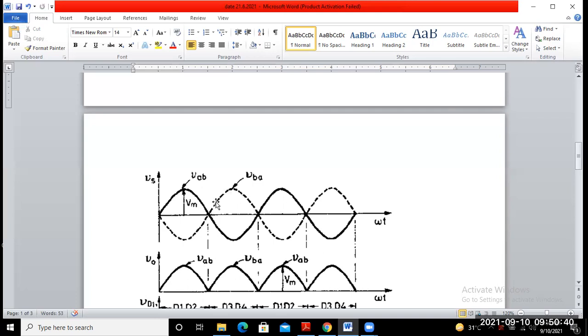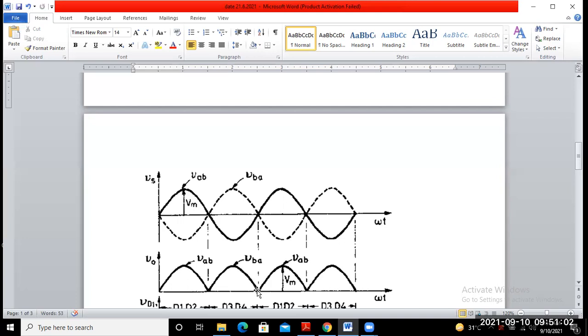So VBA you will obtain from pi to 2 pi. You draw the same as this dotted line voltage, VBA, from pi to 2 pi. So you will get the output voltage from pi to 2 pi like this.